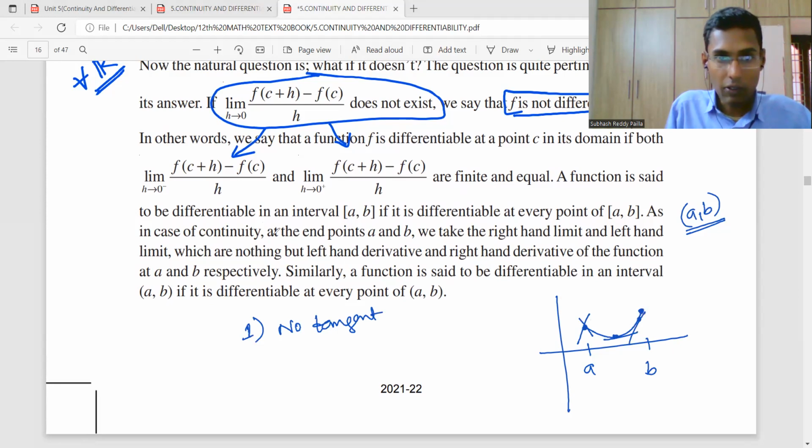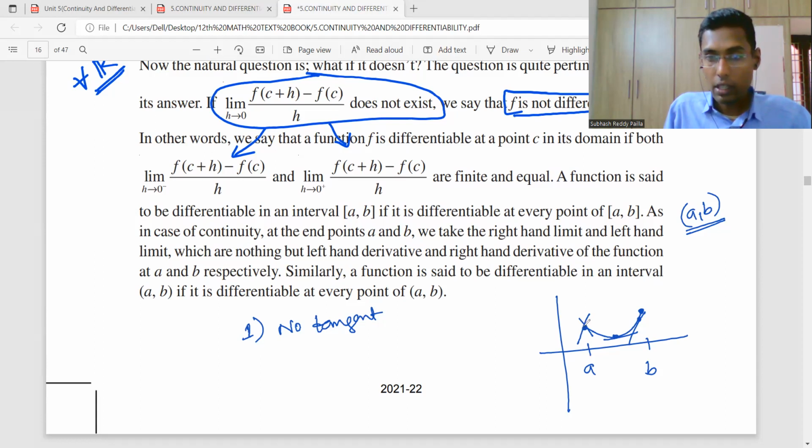In case of continuity, at the end points A and B, we take right-hand limit and left-hand limit, which are nothing but the right-hand derivative and left-hand derivative of the function at A and B respectively. That means we can't draw the tangent.